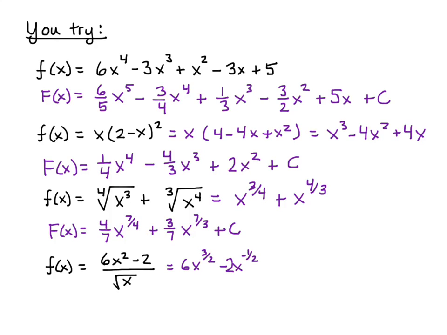And then for my final answer, I got 12/5 x to the 5 halves minus 4x to the 1 half. So I went through this process of just keeping my 6. And then the other thing that I need to do here is add my 2 in. So I got 2 times.